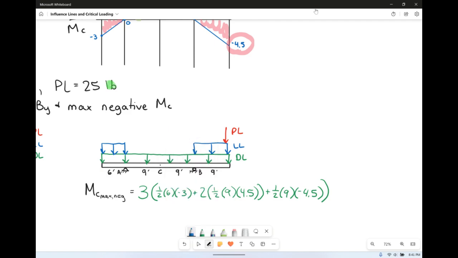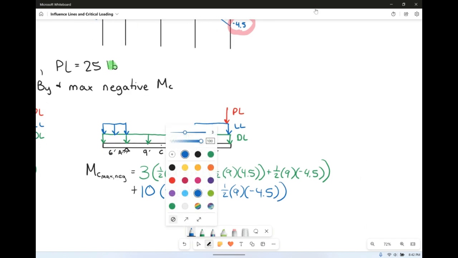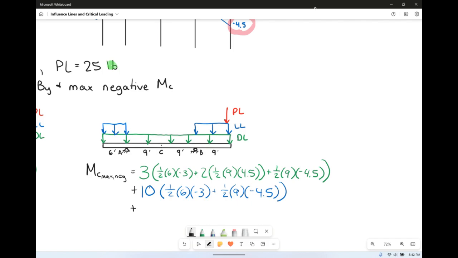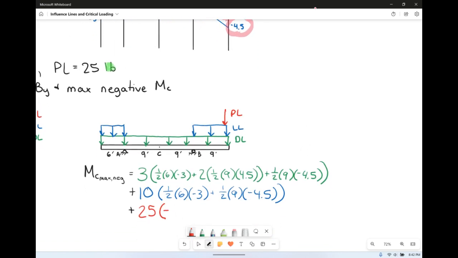Plus, we've got the live load. The live load value is going to be 10 times 1/2 the base of 6, the height of -3. Just doing the negatives now. Plus 1/2 the base of 9, the height of -4.5. Then we have the point load. So plus our point load was 25 times its negative number of 4.5.